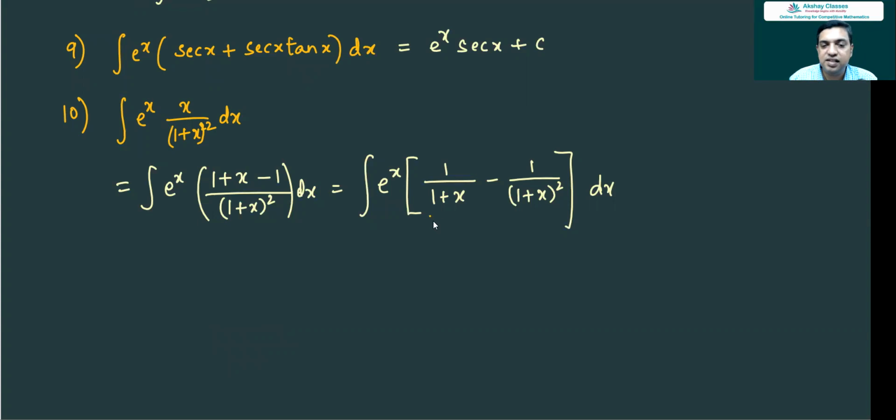So if this is taken as f of x, derivative of this is minus 1 upon 1 plus x, the whole square. Okay. So this is e power x upon 1 plus x plus c. This is the answer. Shankar, what you were saying is e power x into 1 plus x. It is e power x divided by 1 plus x. Okay.